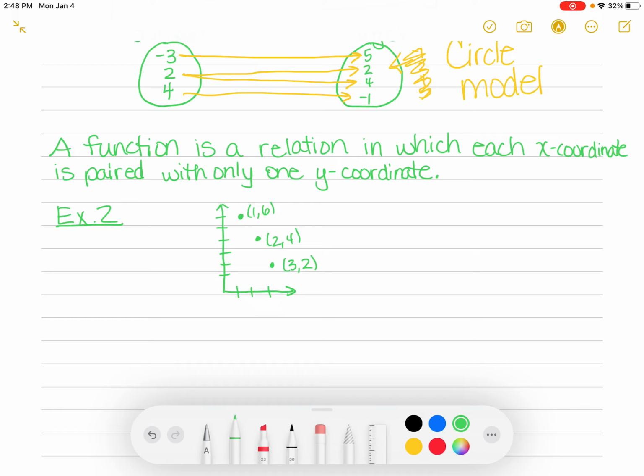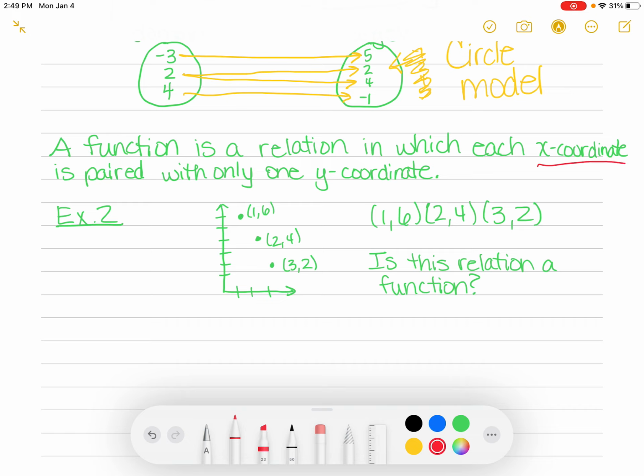So that you could see it as a graph, or maybe they just tell you, oh, here's your relation, and now they want to know, is this a function? So that's your question. Is this relation a function? So you go back and look at what a function is.